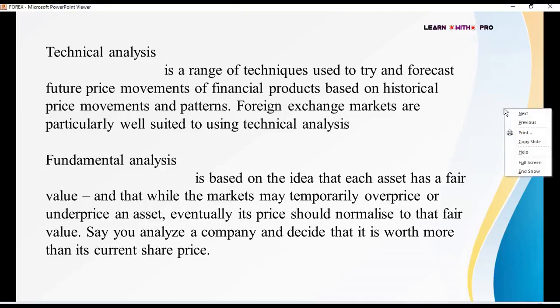But it's just to show you, okay, is this market going on a buy or a sell? If you can get this, that's the difference between technical and fundamental. Technical will just show you the view of the market, but fundamental will show you the reason why it will go that way. You have to understand that.